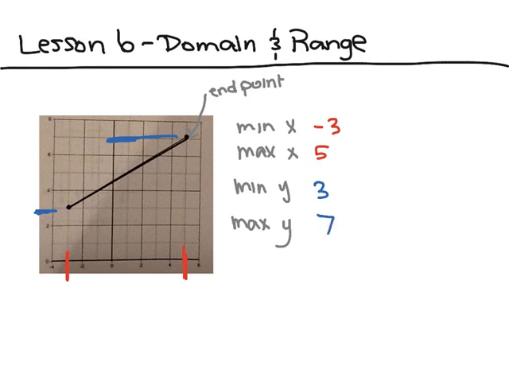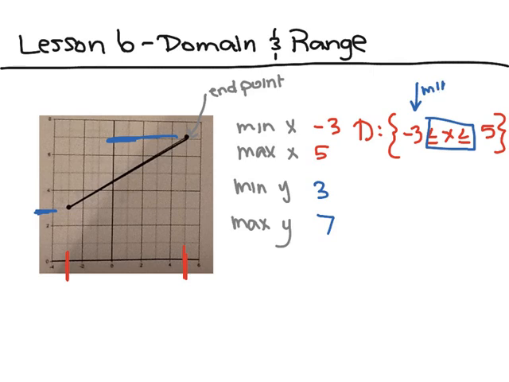When you do your domain and range, you write D, colon, squiggly brackets. So the domain is -3 less than or equal to x less than or equal to 5. All you have to remember, this part stays the same. This is your min, and this is your max.